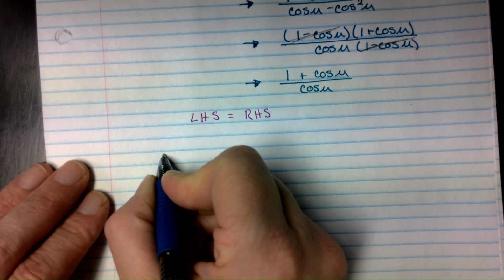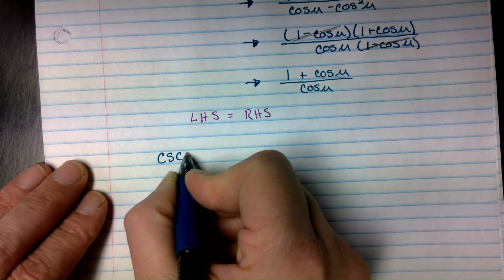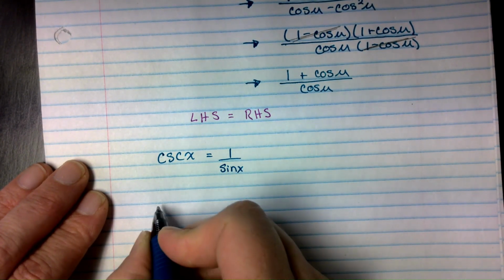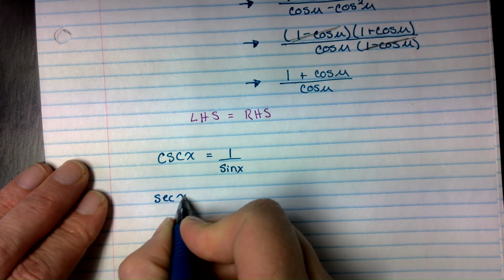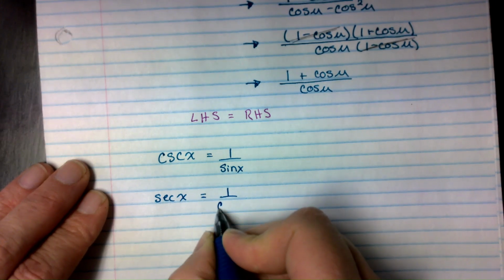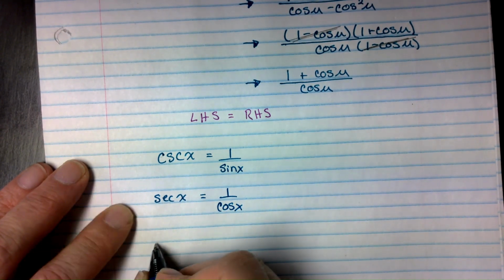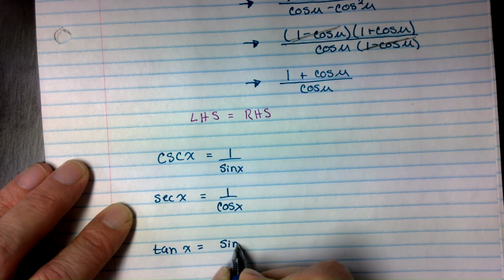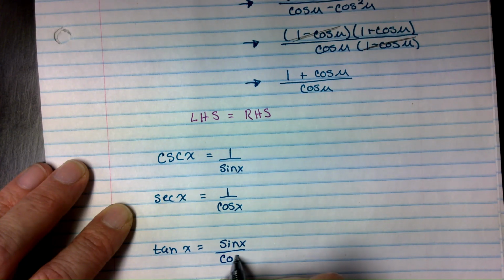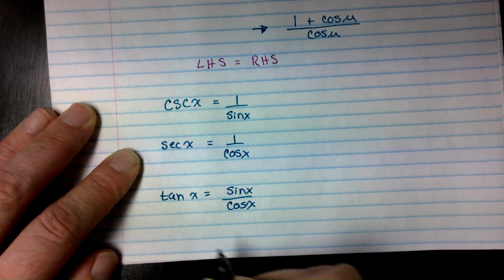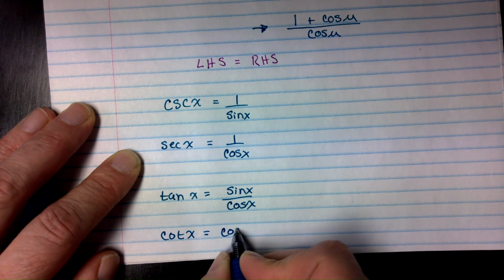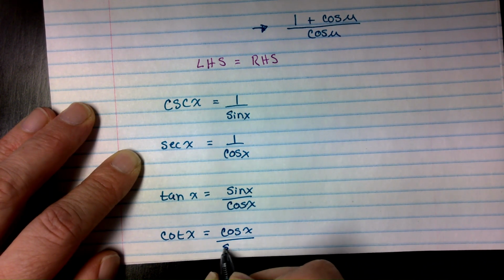So cosecant of x is equal to 1 over sine of x. Secant of x is 1 over cosine. Tangent is sine over cosine. Cotangent is cosine over sine.